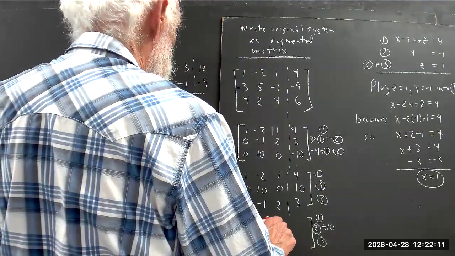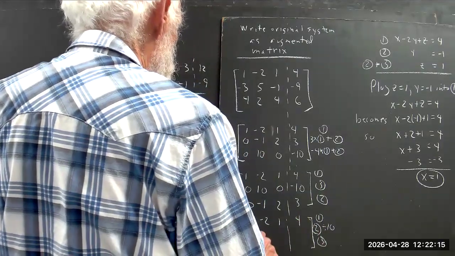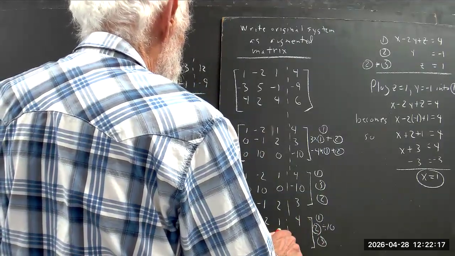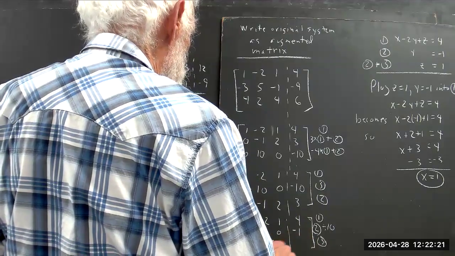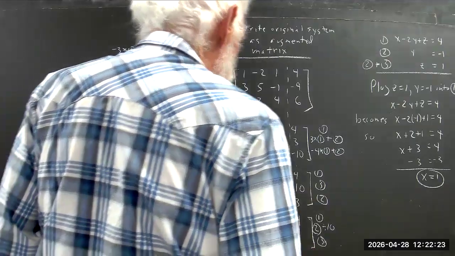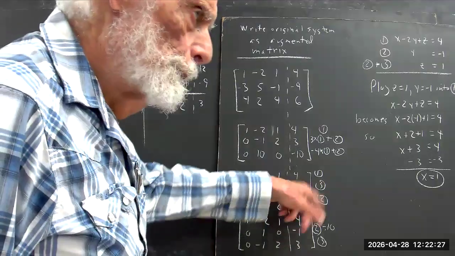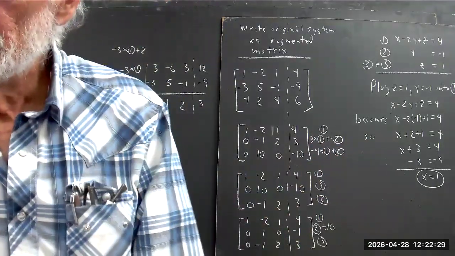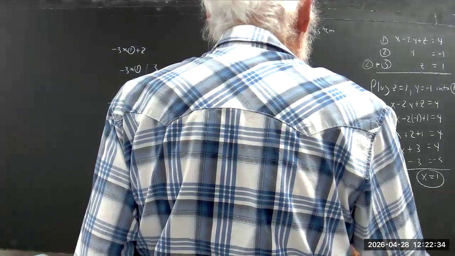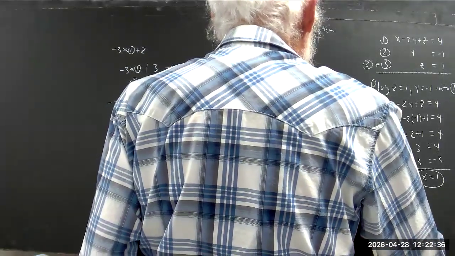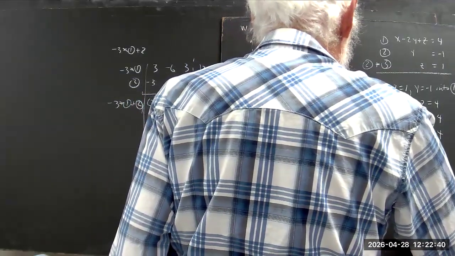We're going to have 1, -2, 1, 4, 0, 1, 0, -1, 0, -1, 2, 3. Now you should repeat these steps. We're out of time. We're a little over time, so I'm going to have to finish off. I didn't want to rush things when I was having people work everything out.